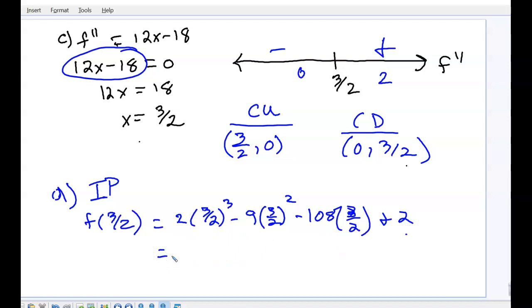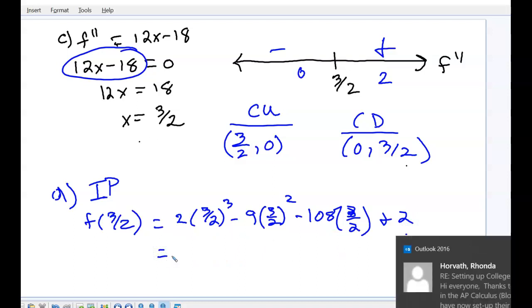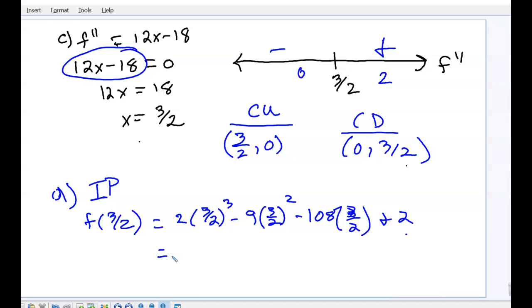And if I work this all out, okay, I'm going to get 27 over 8 when I cube this. 27 times 2 is going to be 54 over 8. This is going to be 9 over 4 times 9. It's going to be 81 over 4. 108 times 3 is going to be minus 324 over 2, which is going to be minus 162 plus 2.